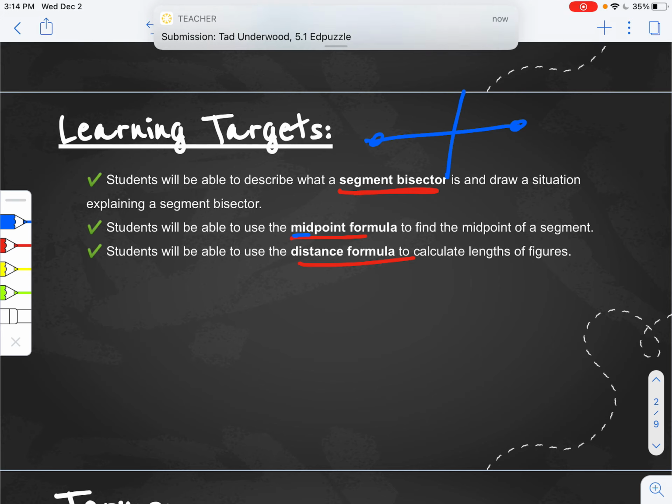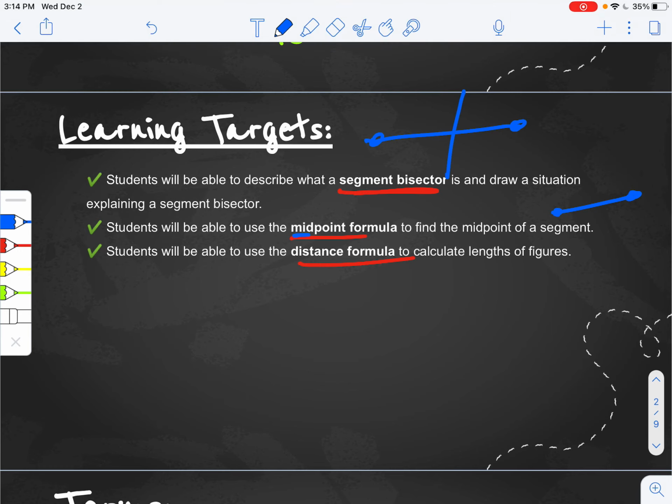The midpoint formula. Well, we know that mid means middle. So the midpoint, if we're talking about a segment or a line, we can assume is going to be the middle, and point, well, we know what a point is. Formula, we'll get to that part.